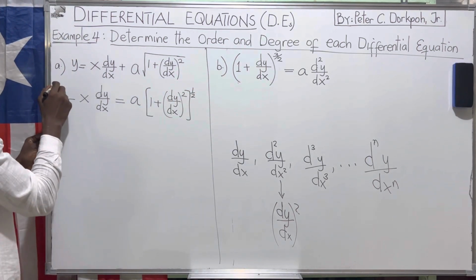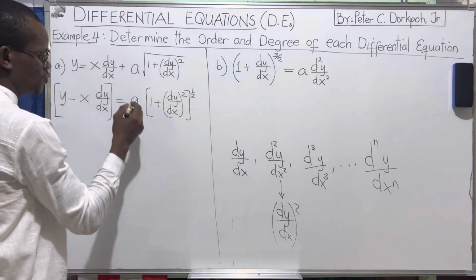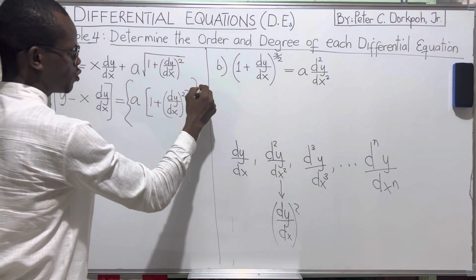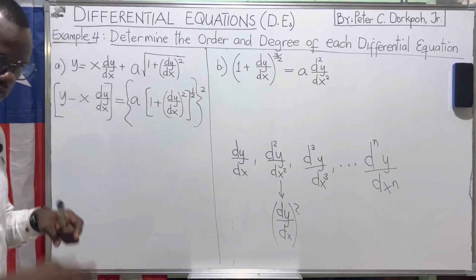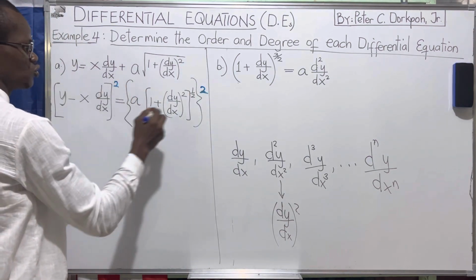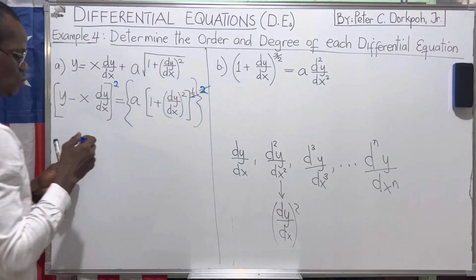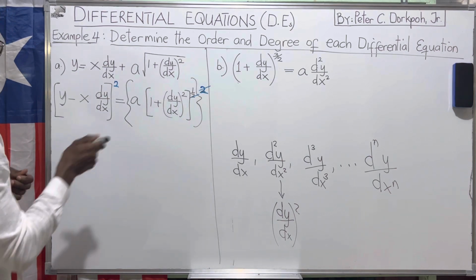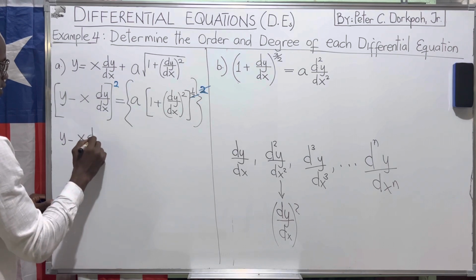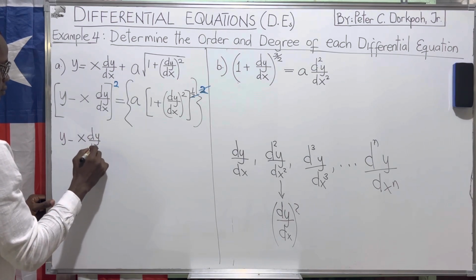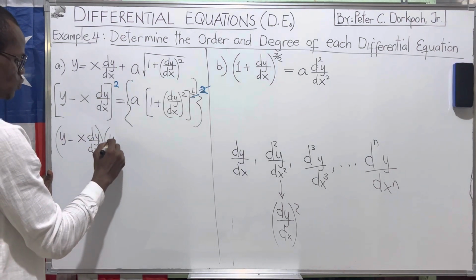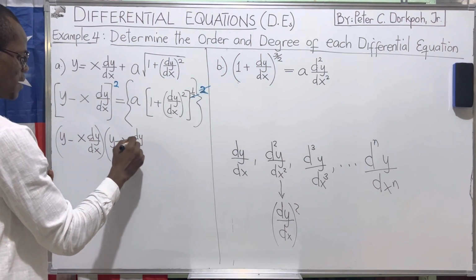If we want to get rid of this square root, we raise both sides to the power of 2, so that this 2 can cancel this 2. We'll now be left with y minus x dy by dx raised to the second power. So it means we can multiply it twice.